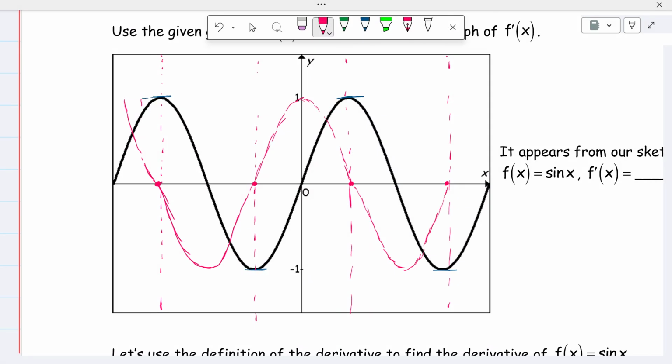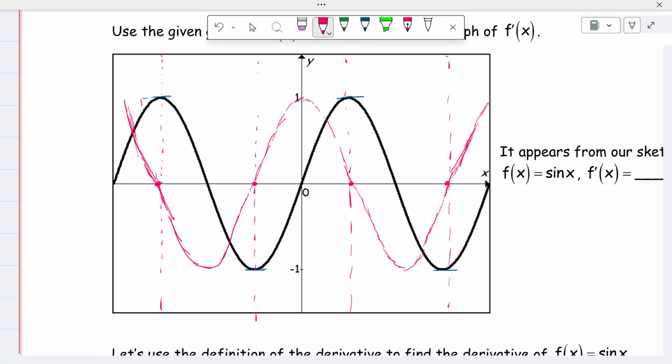And then after the last x-intercept, it's going to go above. I don't like how it looks there. Anyway, pretty good.